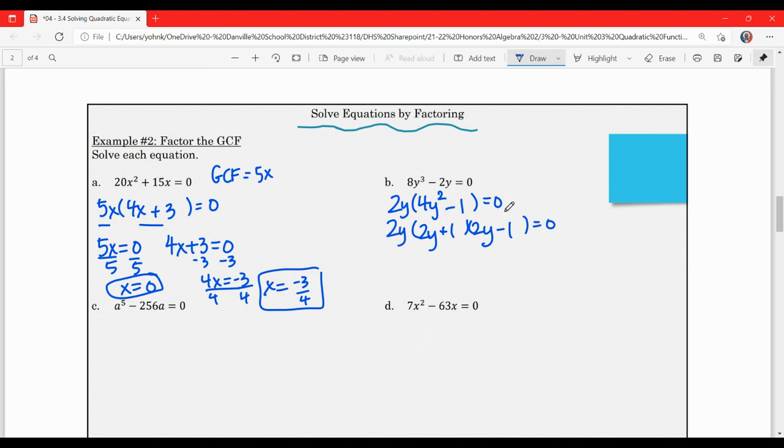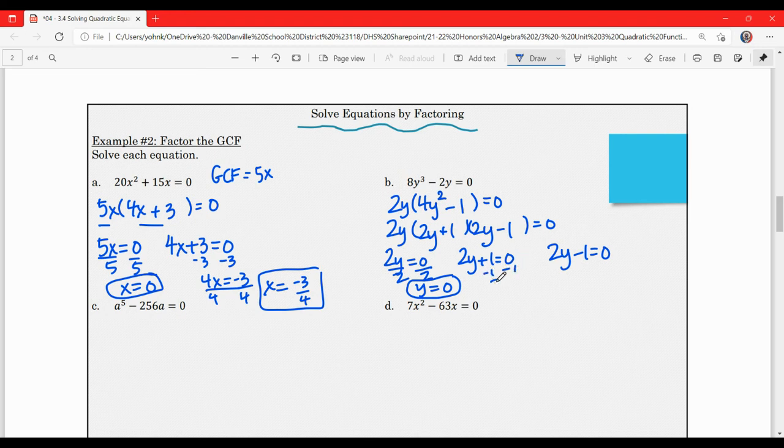Now I have three things that multiply to give me 0. I can set each of them equal to 0. So 2y equals 0, 2y plus 1 equals 0, and 2y minus 1 equals 0. This first one, divide everything by 2, I get 0 is my first answer.